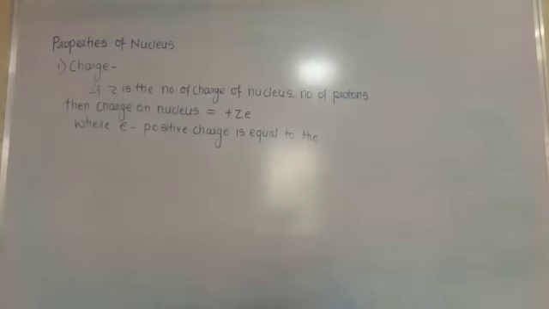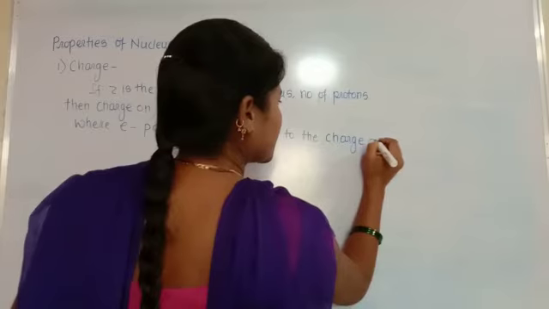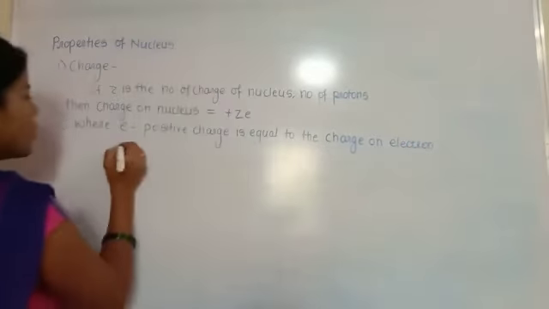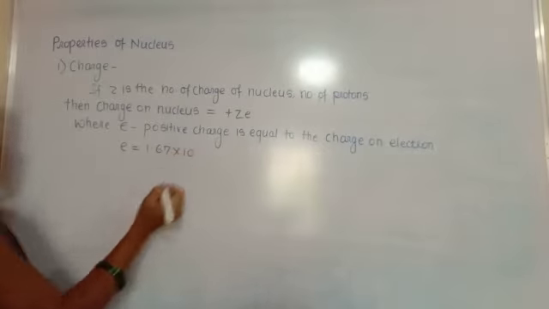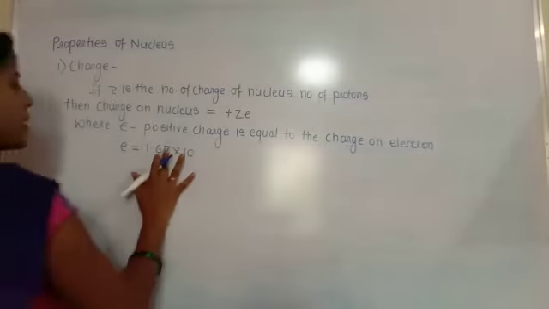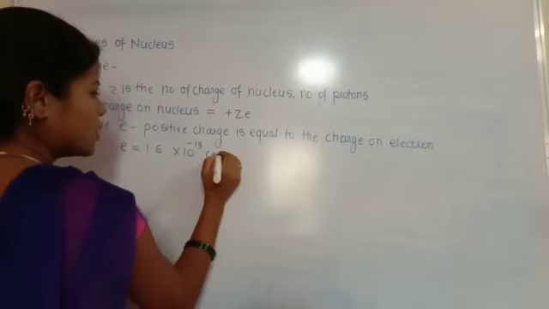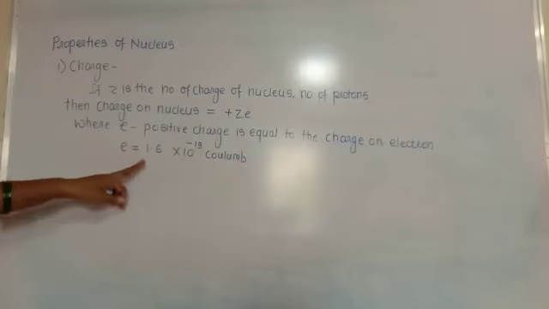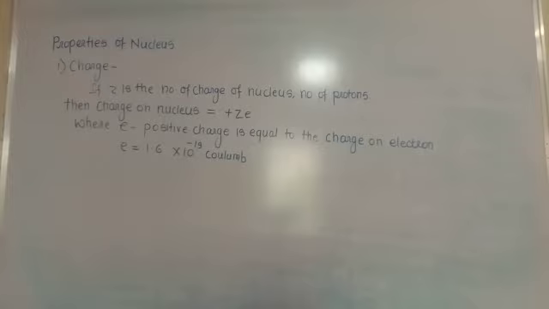This e is the positive charge, equal to the charge on the electron, and the value of e is 1.6 into 10 to the power minus 19, and the unit of charge is the coulomb. So this is the value of e, 1.6 into 10 to the power minus 19 coulomb. So this is the first property, charge.